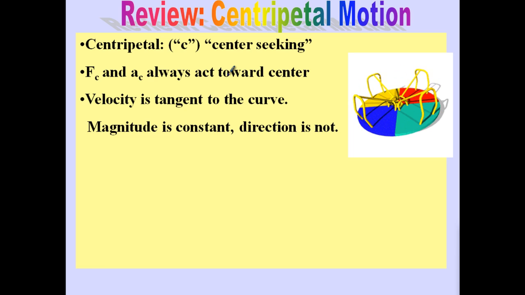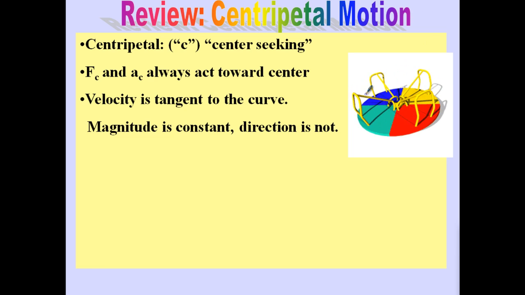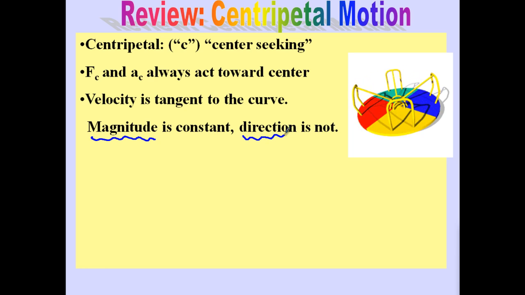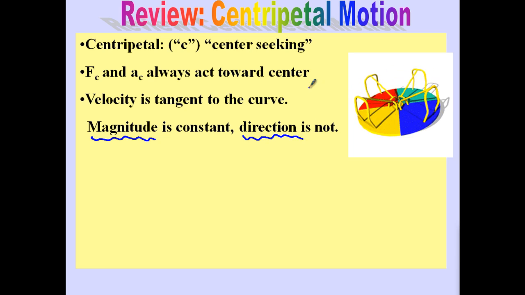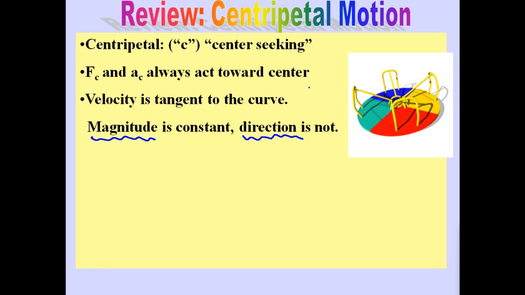Our velocity is tangent to the curve. Its magnitude is constant, but its direction is not. Velocity is a vector quantity, so that means it has magnitude and direction. But if my magnitude is constant and my direction is not, that means I am accelerating because I'm changing my velocity.